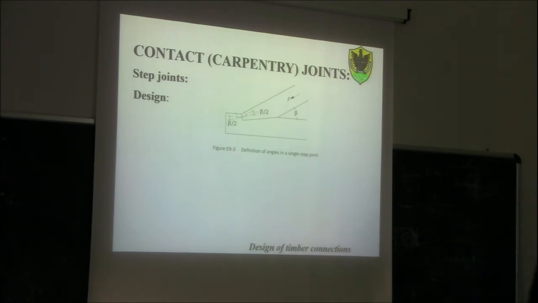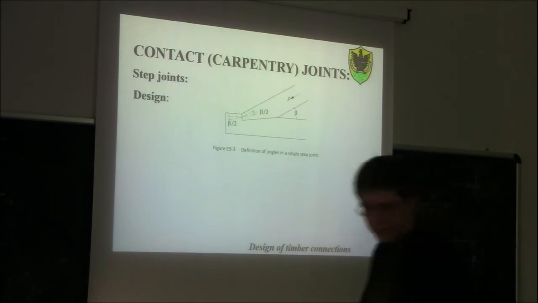So you need to first check the front notch of the tie beam. Then we need to check the other notch of the tie beam, and then we need to check the notch of the rafter, and then the other notch of the rafter. So you have to do 4 verifications, okay? Compression perpendicular to the grain on 4 surfaces.